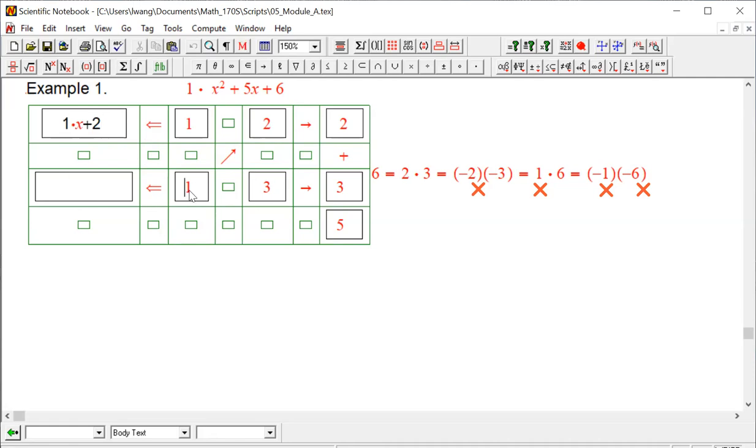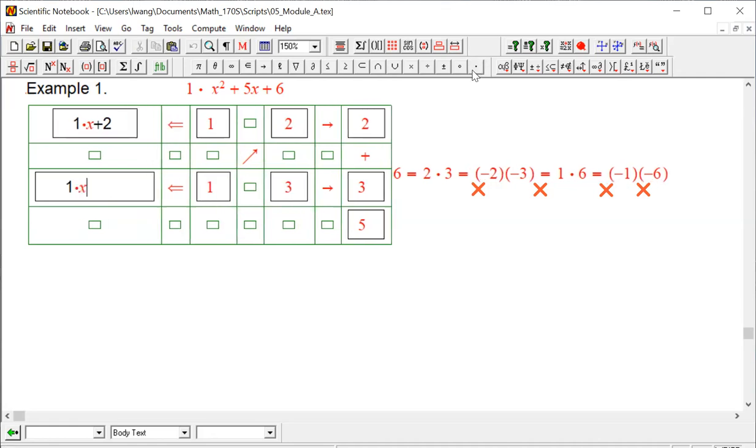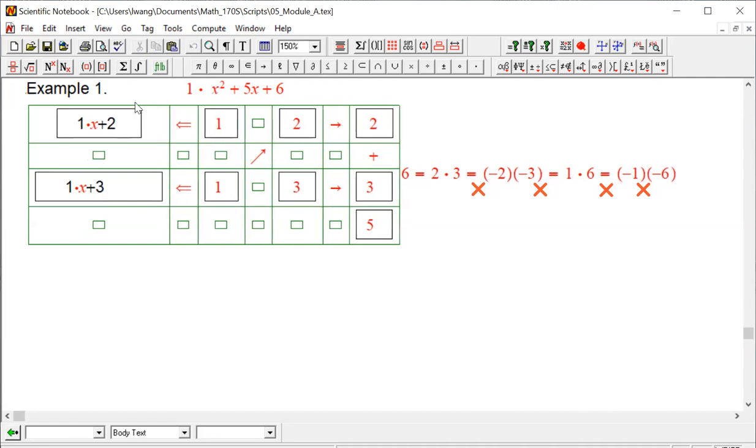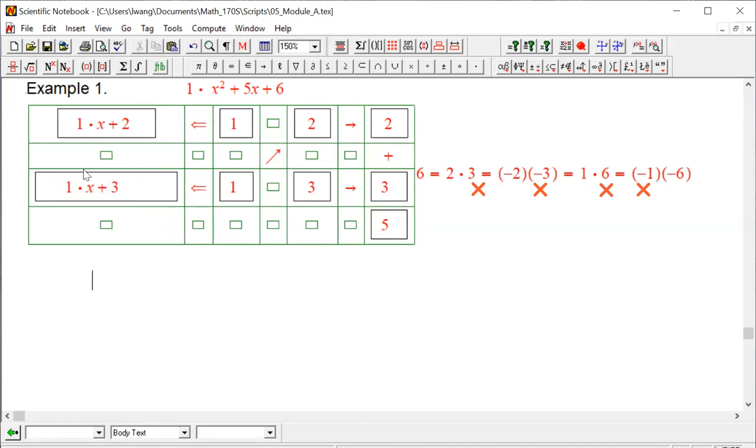On the second row, it's 1 and 3, so 1 times x, and a positive 3, so we write plus 3. Because we made the match, we have found our factors.